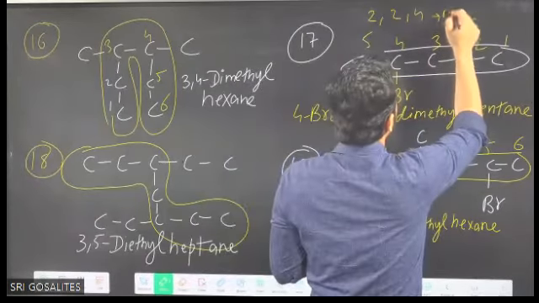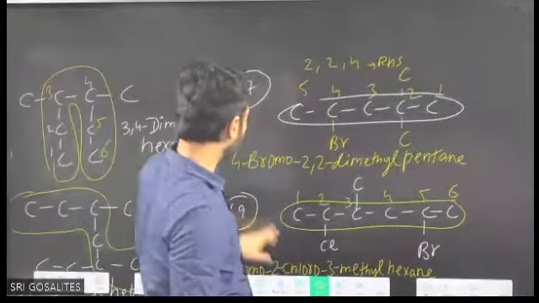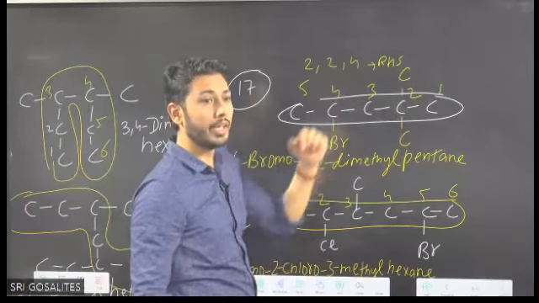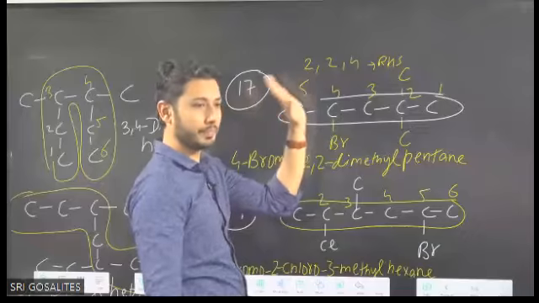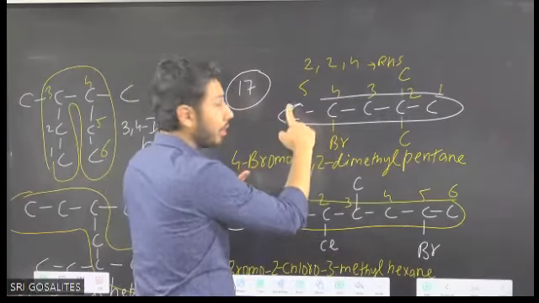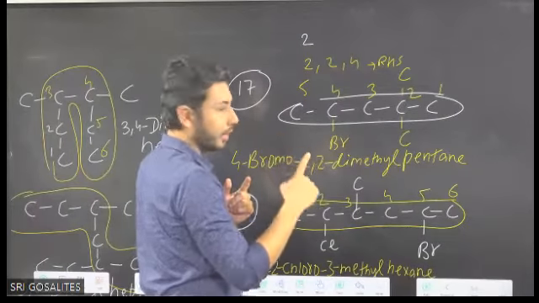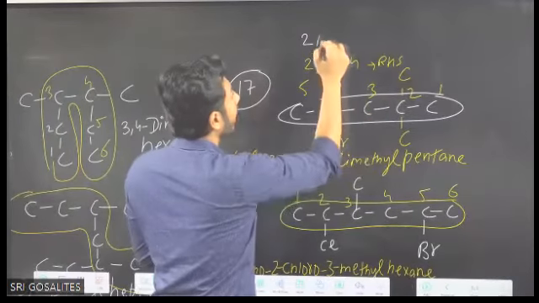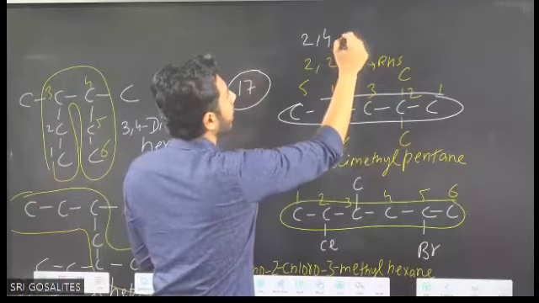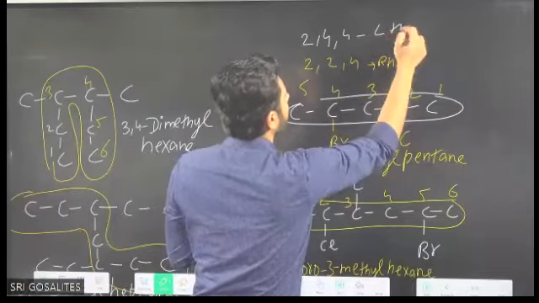Right hand side. This is clear? From the right side, 2 to 4. Now, if you think about it from the left, both possibilities. From the left, if you do the numbering, first substituent at second, then the next substituent at fourth. Which one? Methyl. Then the next one is at fourth. 2 are there. This is from the LHS.